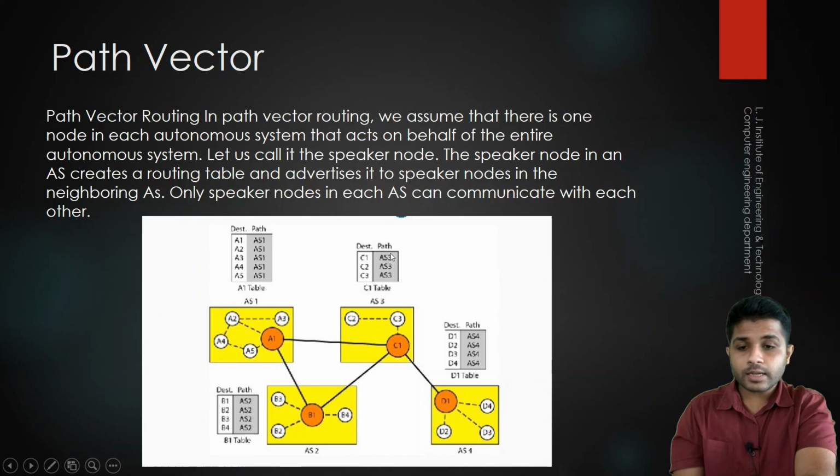After that you can see that there are different areas C1, C2, C3 within the autonomous system AS3, and these are all connected via one router, which is a speaker node. The speaker node is the main router which shares information between different autonomous systems. So these autonomous systems communicate with each other using these speaker routers. Okay, so this is how the path vector routing protocol works.